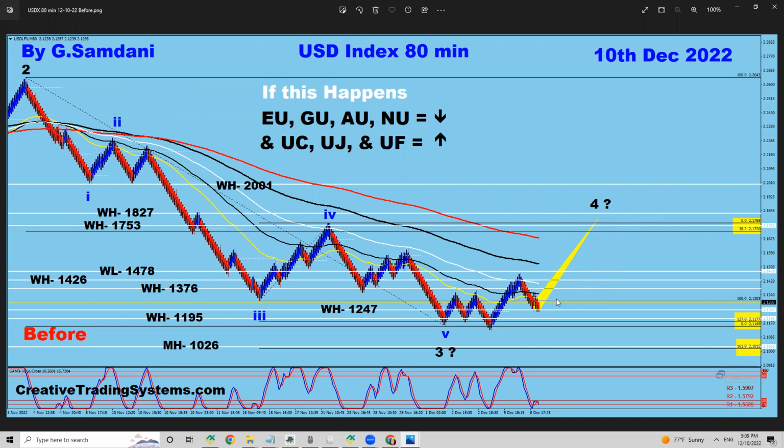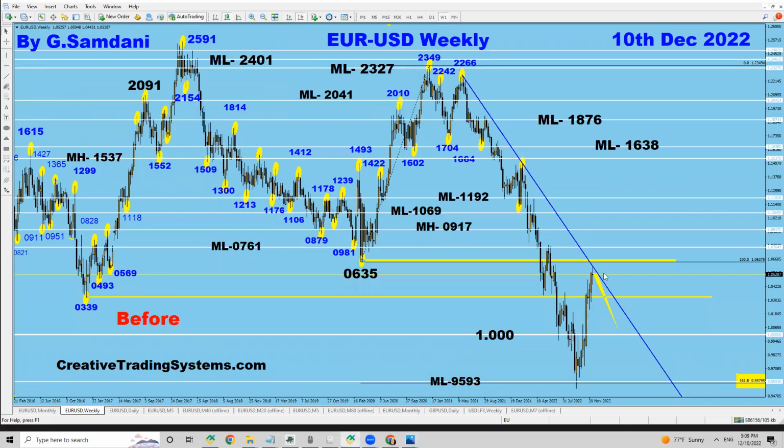So if we can stay above 1247 and go to the upside, the USD is going to get strong, and these things will happen. So these pairs will go down, including Euro USD, Pound USD, all that. So Euro USD, that's why I'm saying that since it is also giving you a perfect short setup, it will drop very easily.